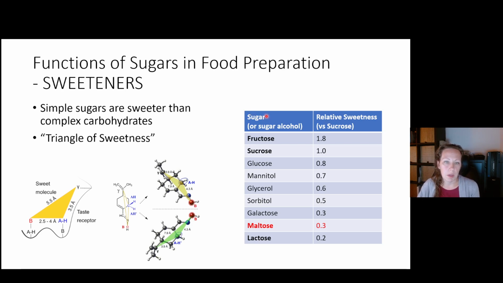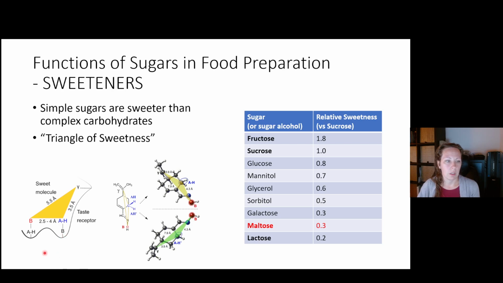And what determines sweetness is something that scientists have called the triangle of sweetness. It's not a literal triangle, and the book almost makes it sound like it is. But essentially, in the taste buds, this is the taste receptor, and there are 3 binding spots on the receptor that want to bind to a sugar molecule.